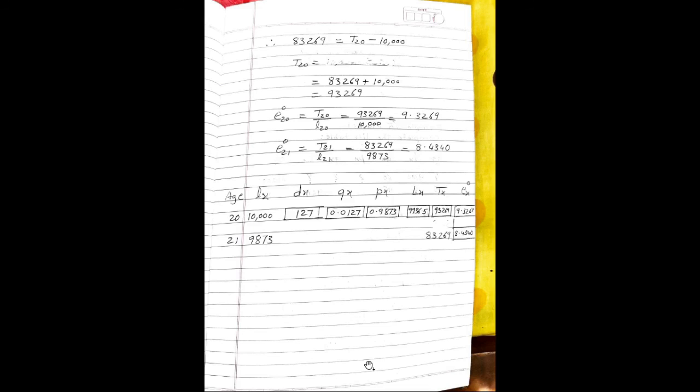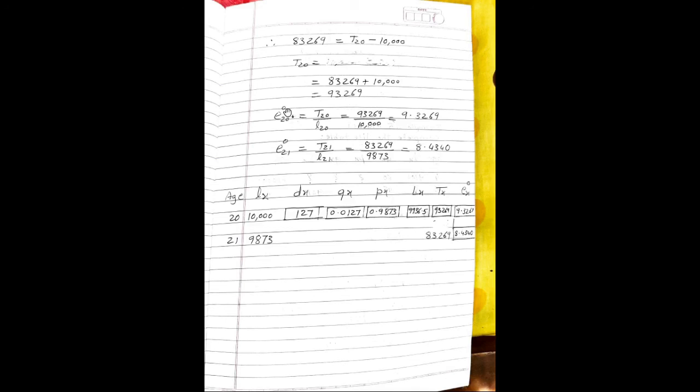Then we want T21. The formula is capital T20 minus small l20. Replace the values: T21 value is 83,269, which is equal to T20 minus 10,000. So the value of T20 is nothing but 93,269.